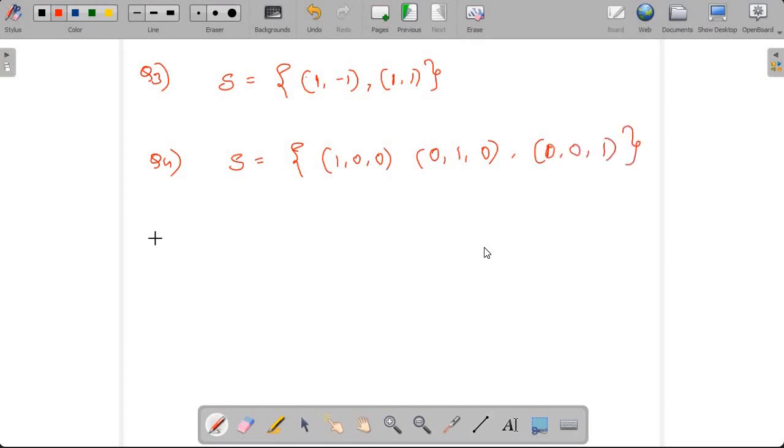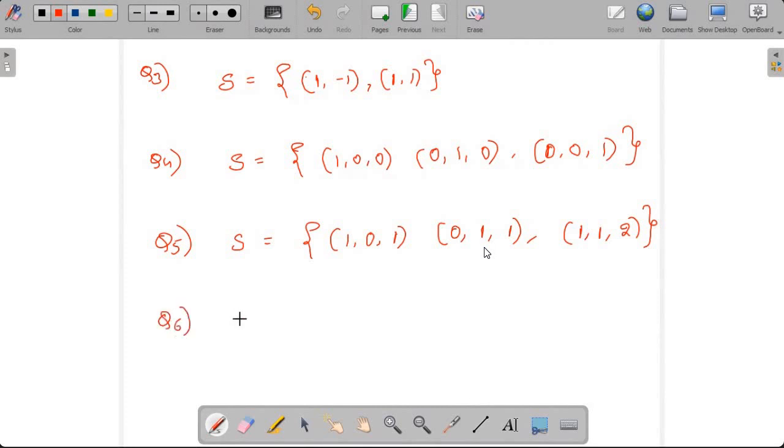What will be the linear span of these? And question 5: (1, 0, 1), (0, 1, 1), and next (1, 1, 2). So think about the linear span of these, and not only this, I'll give you a few more.